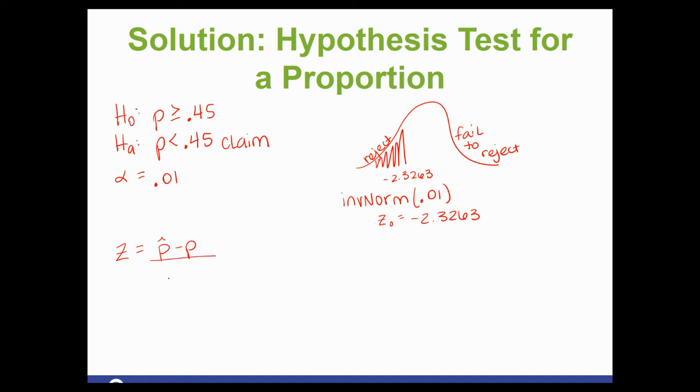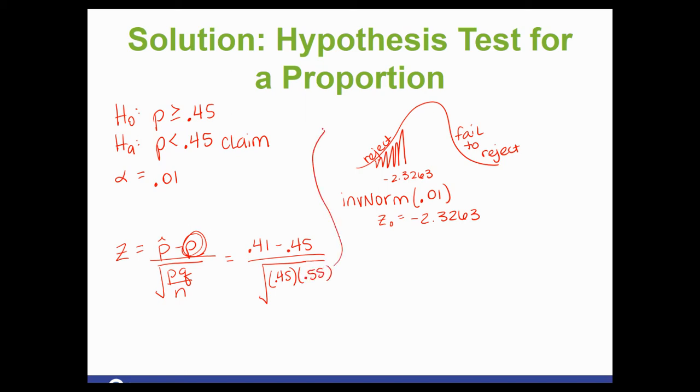P hat minus P over the square root of PQ over N. Our P hat, our sample P, was 41%. Make sure you switch it to a decimal, so the top should both be decimal values of those percents. On the bottom, we do use P and Q, so it's based off of our population P. So that's 0.45, and the Q to that is 0.55.